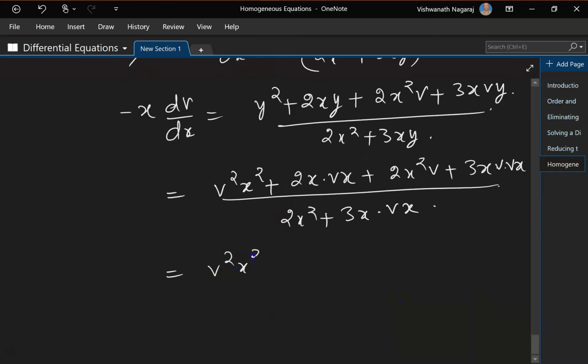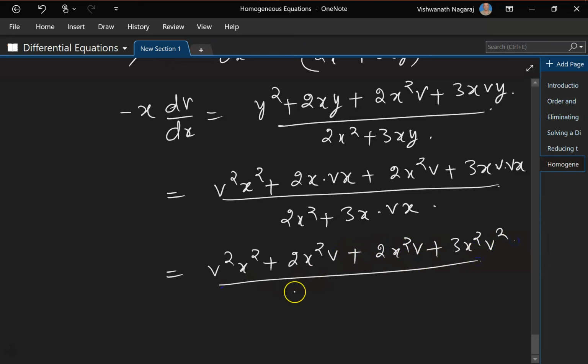V square x square plus 2x square v plus 2x square v plus 3x square v square divided by 2x square plus 3x square v.